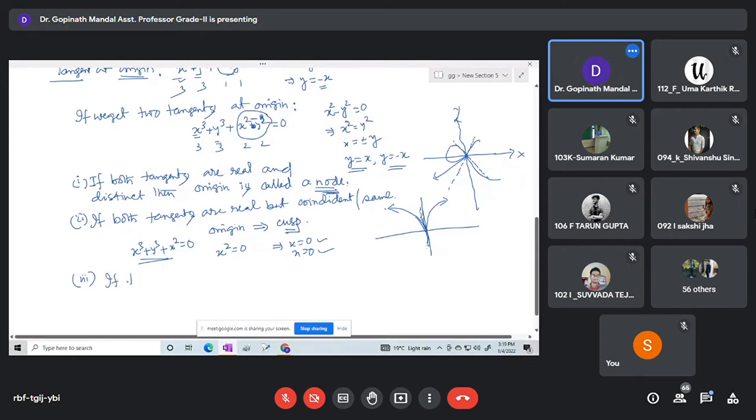Tangents are imaginary, in that case the origin will be called a conjugate point, or an isolated point.